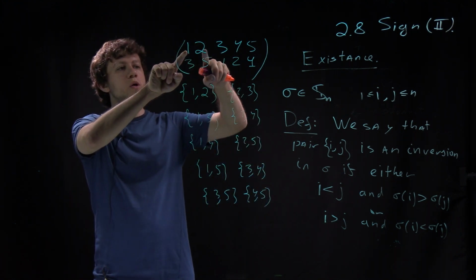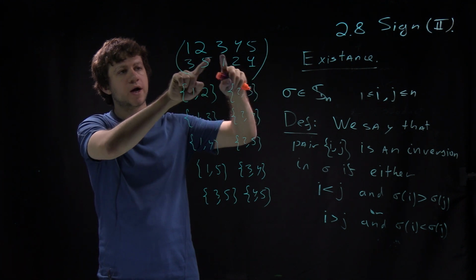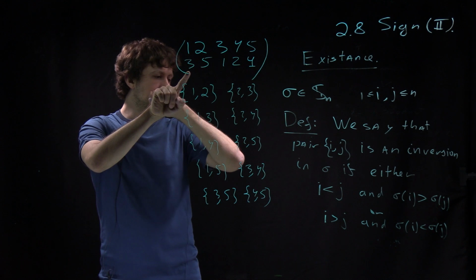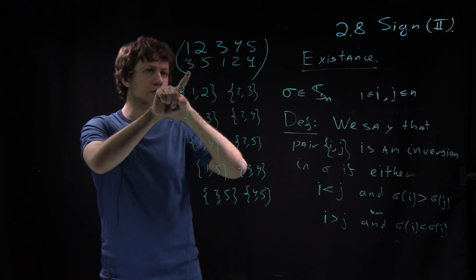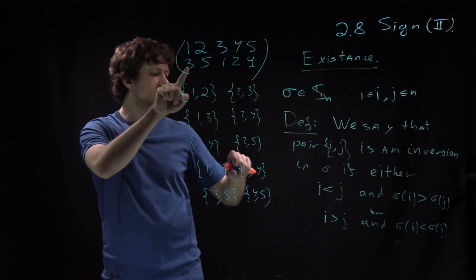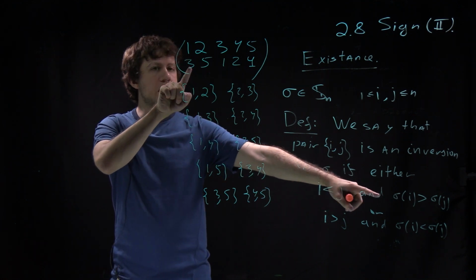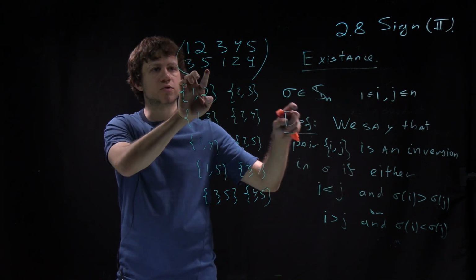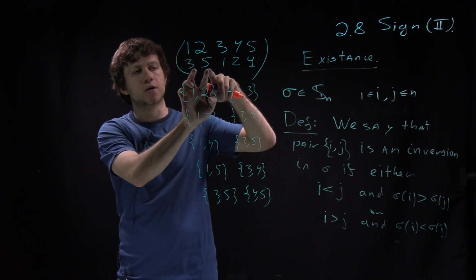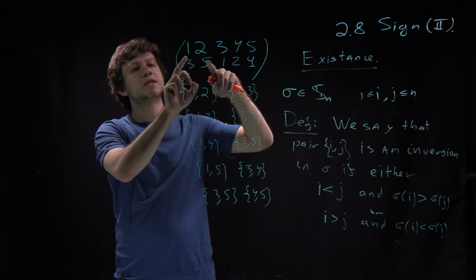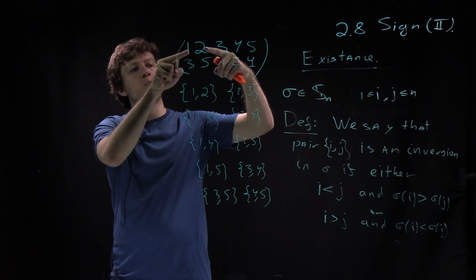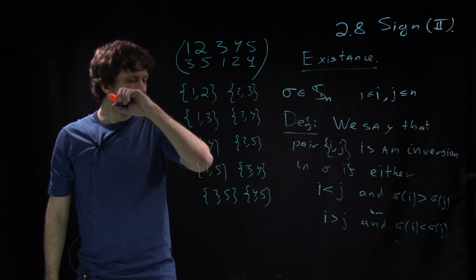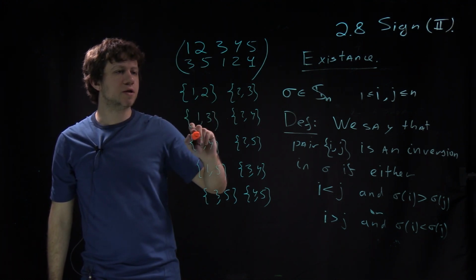So 1, 2, when you look where they go, goes to 3, 5. It means that 1 was less than 2, and sigma of 1, which is 3, is less than sigma of 2, which is 5. So the order of 1 and 2 is the same here. Okay, so this is not an inversion.